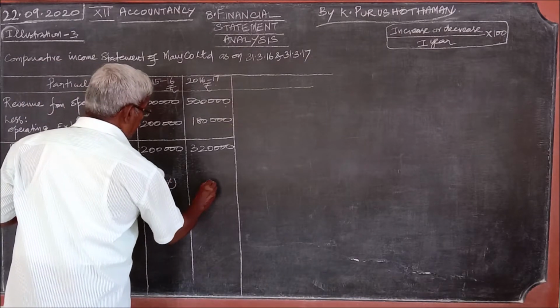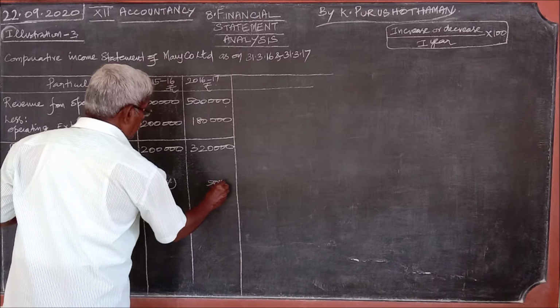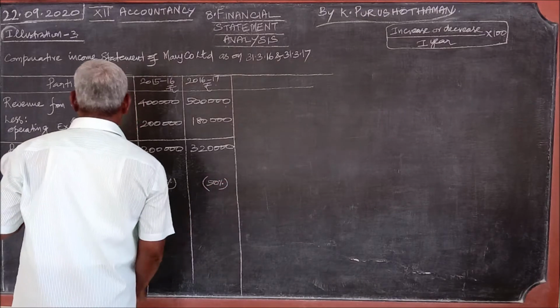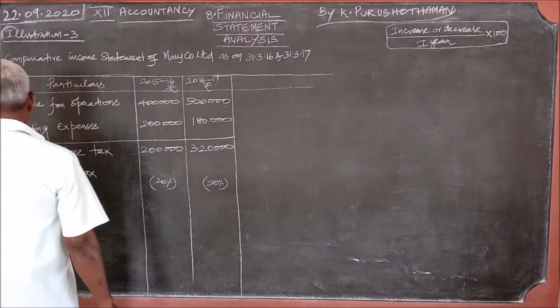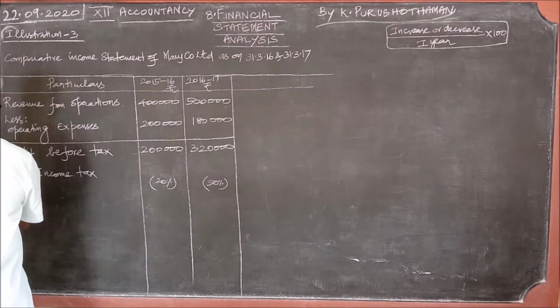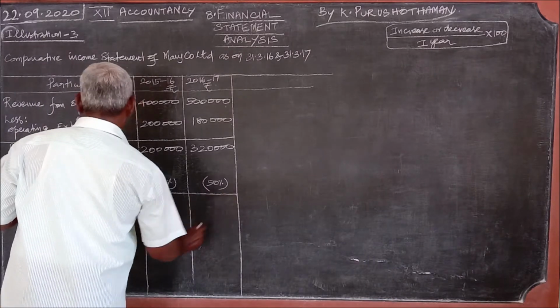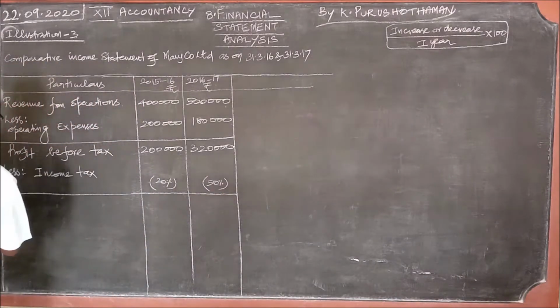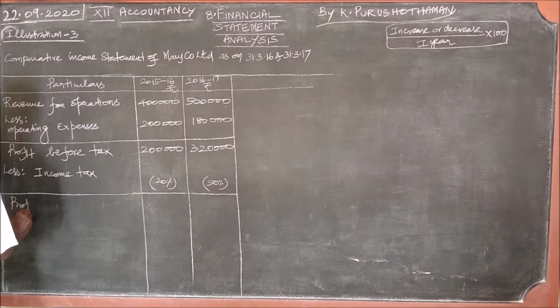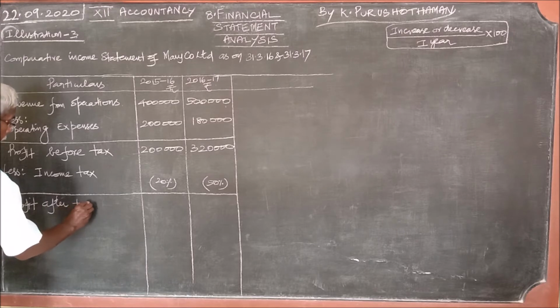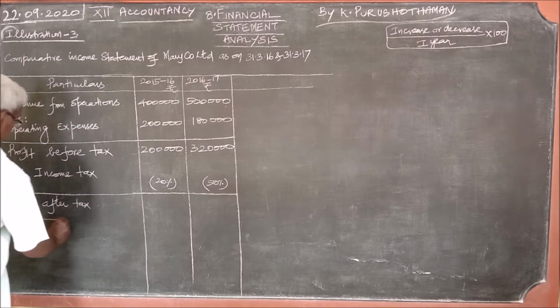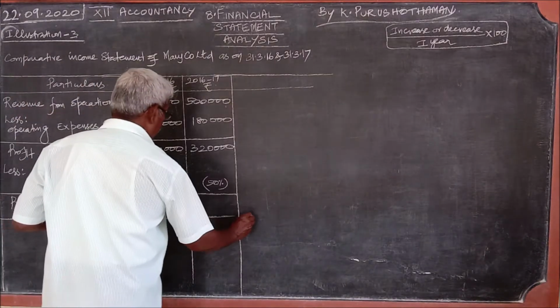Second year, this is 50%. 20%, 50%. Then the next and last item, profit after tax. For this also we should find.